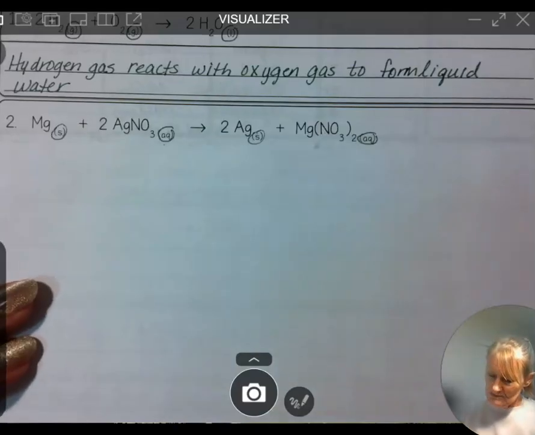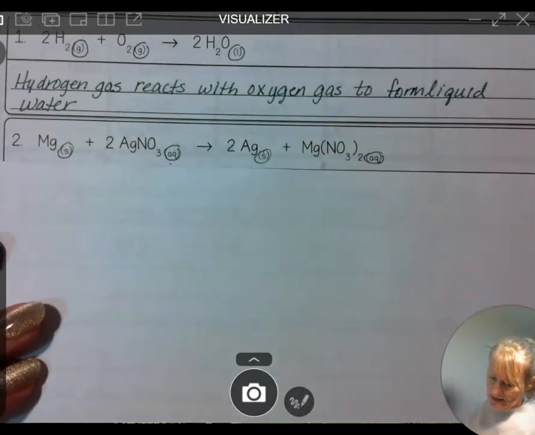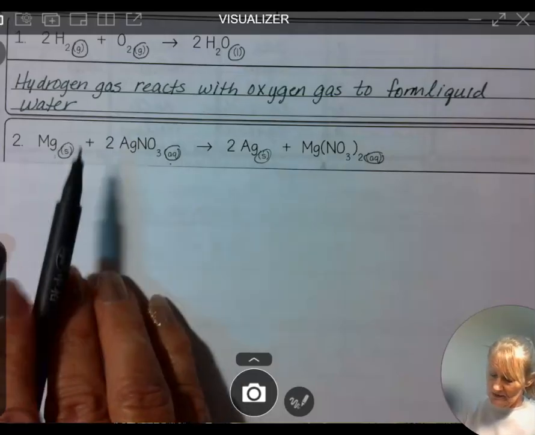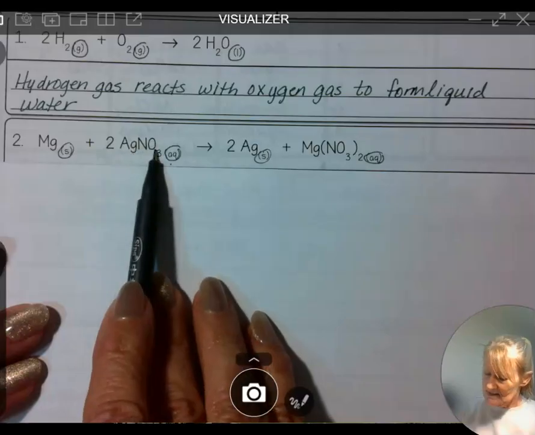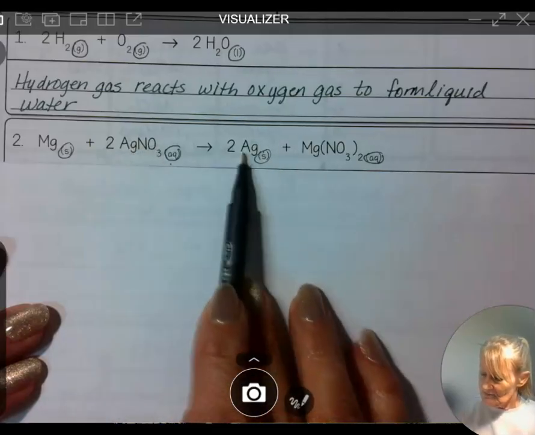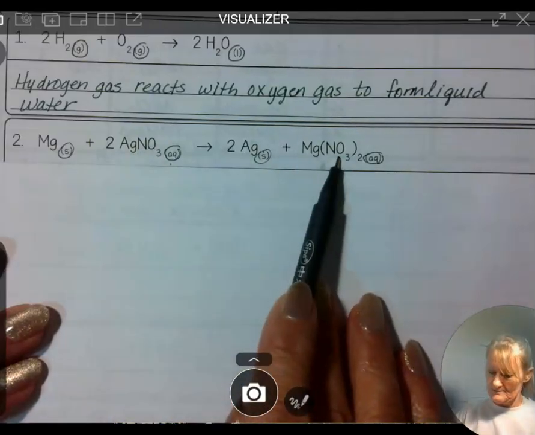Okay, so this one, again, we're going to look at our states of matter. We have solid magnesium, we have aqueous silver nitrate, we have solid silver and aqueous magnesium nitrate.